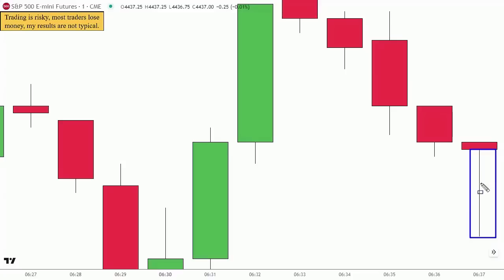But when all was said and done during this period of time, the market participants said, no, we are not finding value that we're going to stick with at these levels. So sure, it traded down here, but it didn't close there.